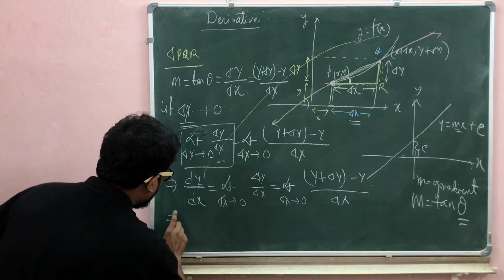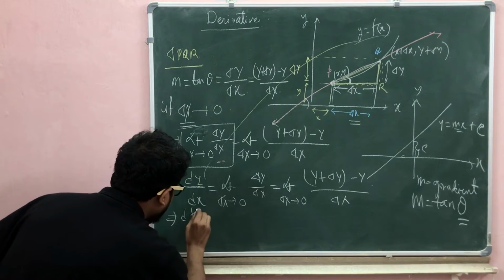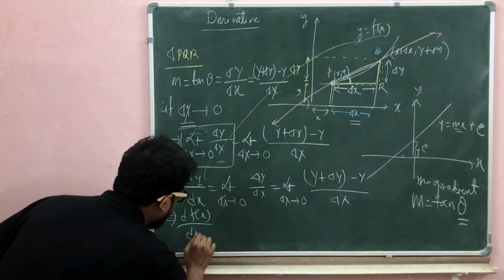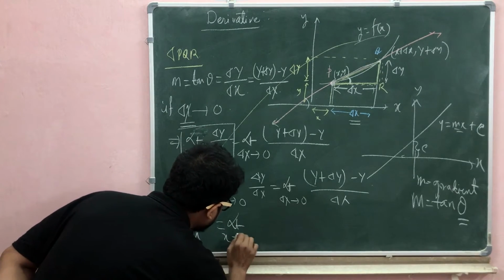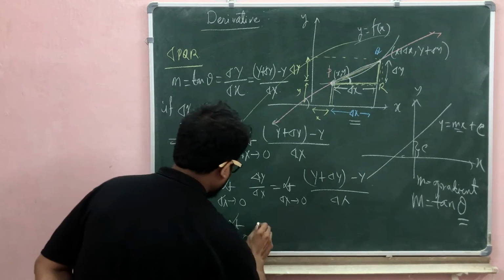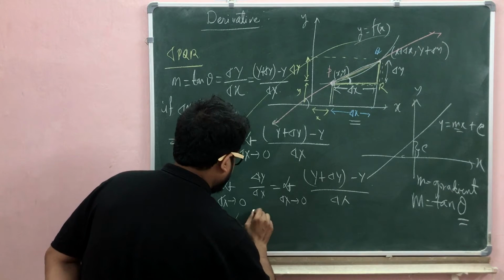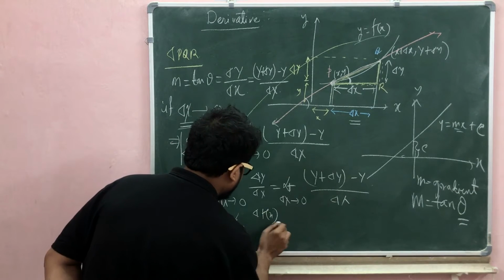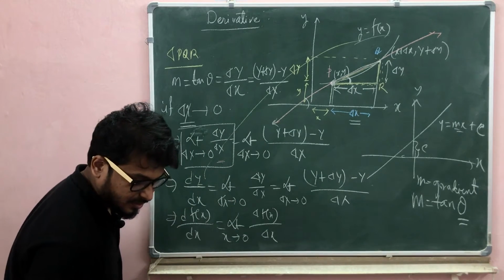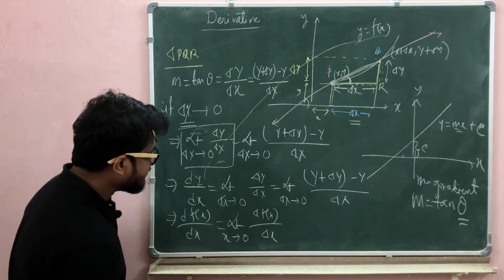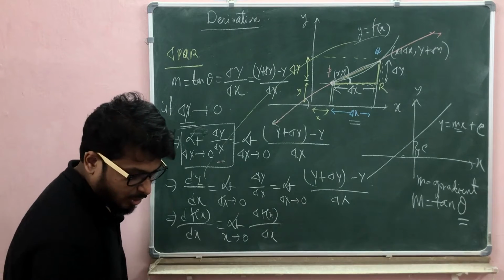Now, dy/dx, that is df(x)/dx, is equal to the limit as delta x tends to 0 of delta f(x) by delta x, also known as dy/dx.